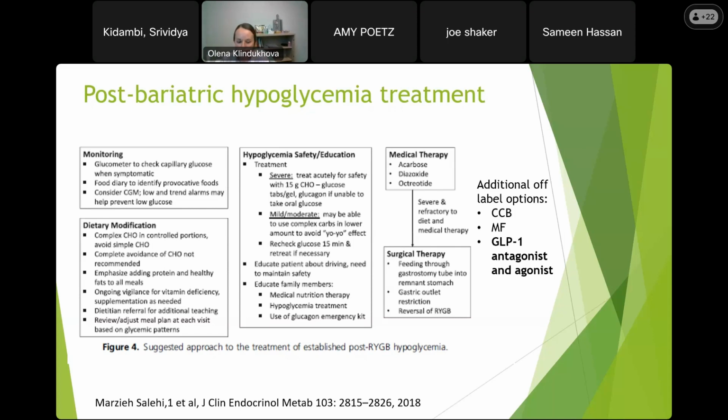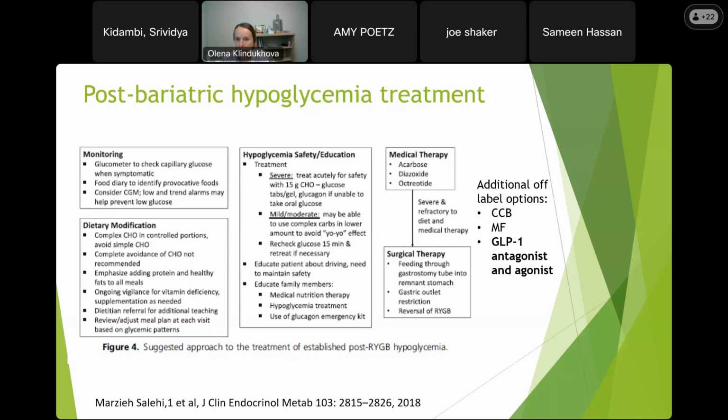For post-bariatric patients, our last resort is reversal of surgery. I have seen one patient who had to have a feeding tube, and I did see a reversal, which actually did not fix the hypoglycemia in that patient, and she was still pretty miserable.